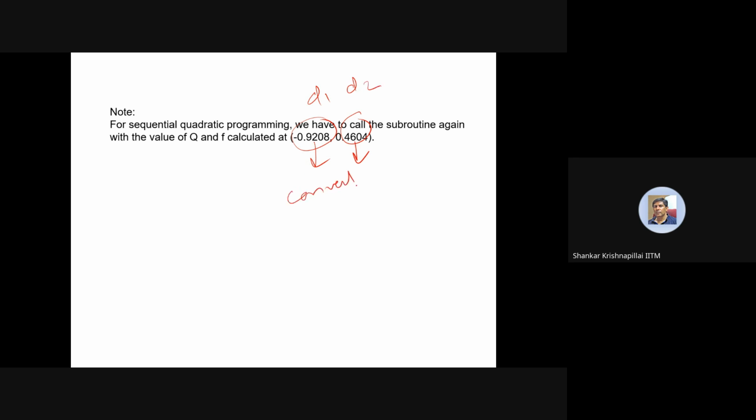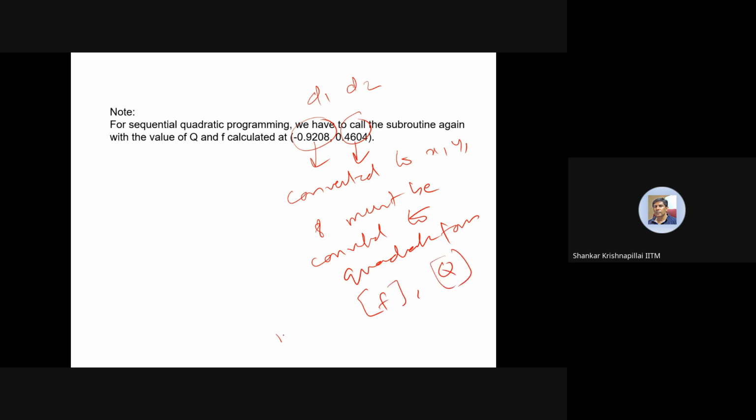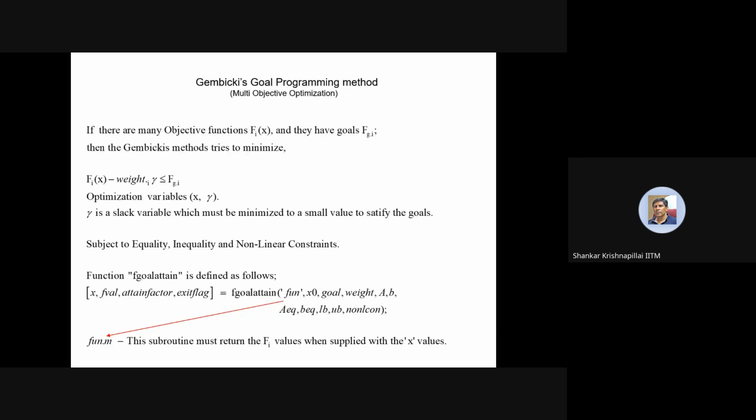It has to be converted to x1, y1 and must be converted to quadratic form, and the new values of F and Q have to be found and substituted in the subroutine again. Anyway, this quadratic programming method is very complicated, so we will go to the easier method which many people use.